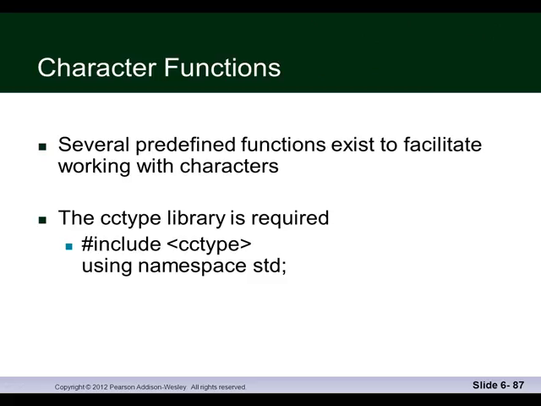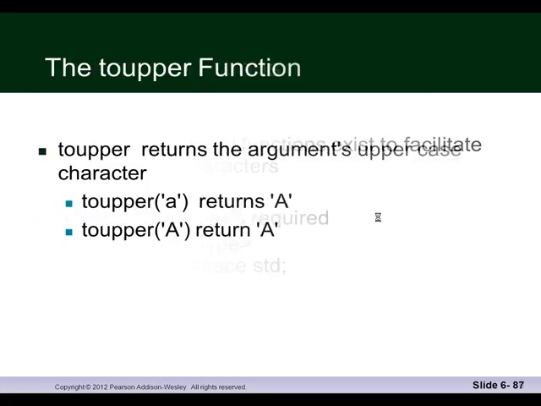So the character functions are available in cctype, and we can use that for the character one. So we're going back to what he was asking earlier. He was asking, if I have a certain character, I don't want to check for lowercase and uppercase. One way of doing it is to change everything to either uppercase or lowercase. So if I'm asking for Y, lowercase y or uppercase Y, I can change my input to upper or to lower and just check for either one.